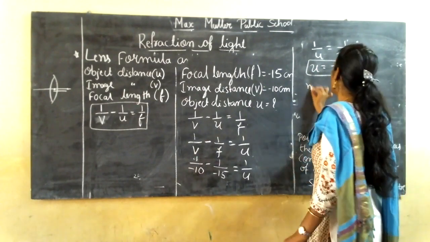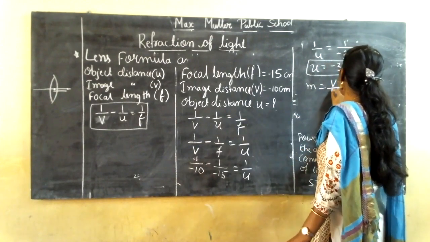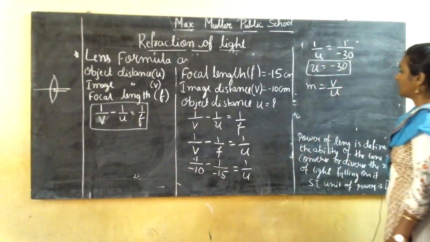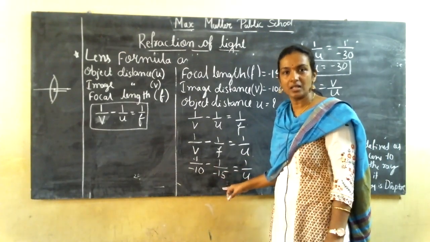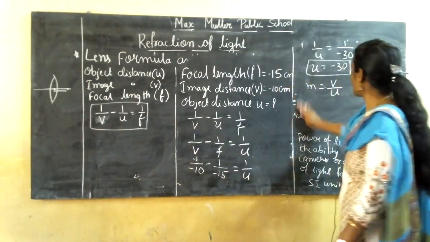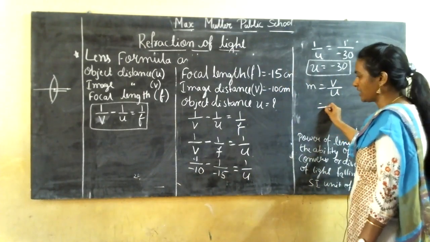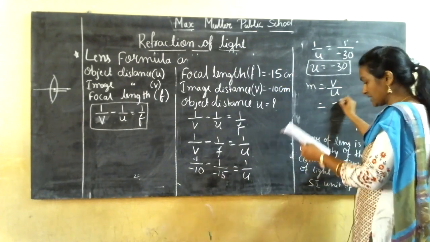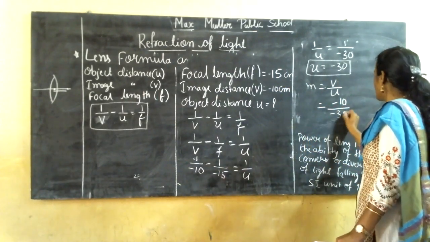Magnification m is equal to, what is the formula of magnification? I think you all know how to calculate this. So m is equal to v by u. v is minus 10 and u is minus 30.